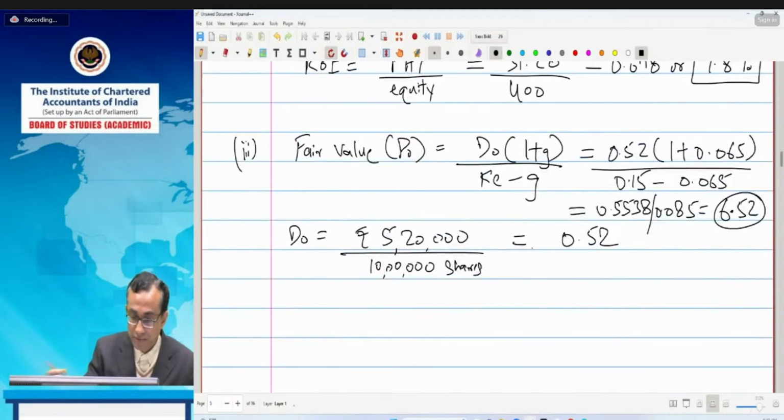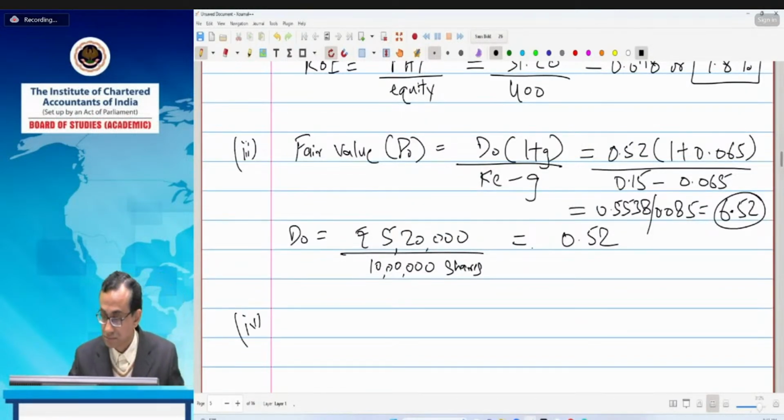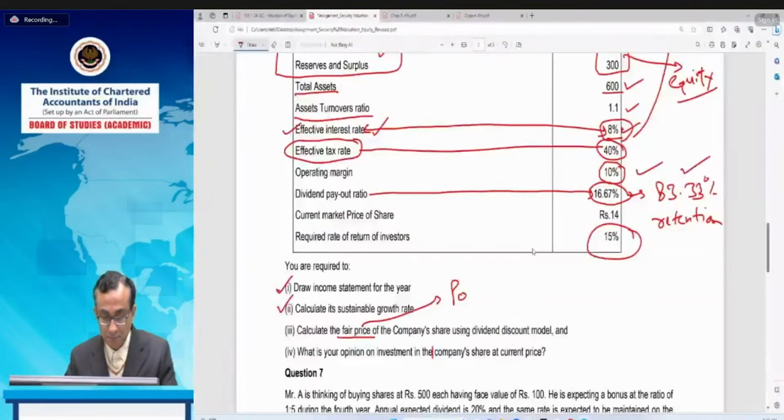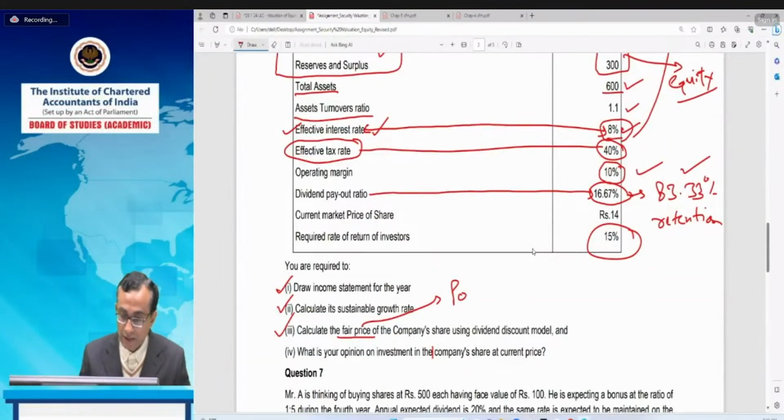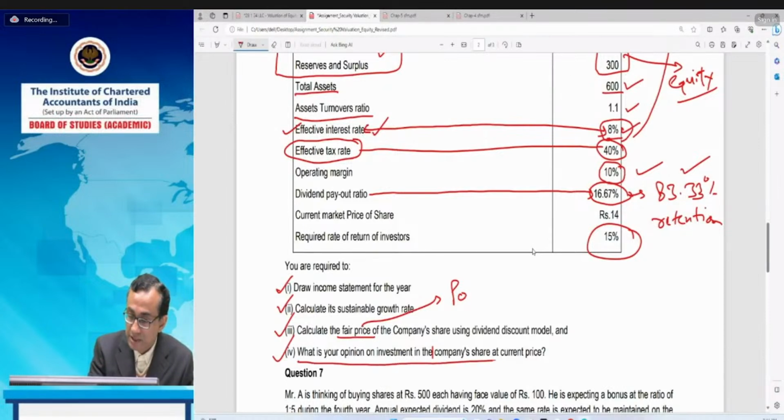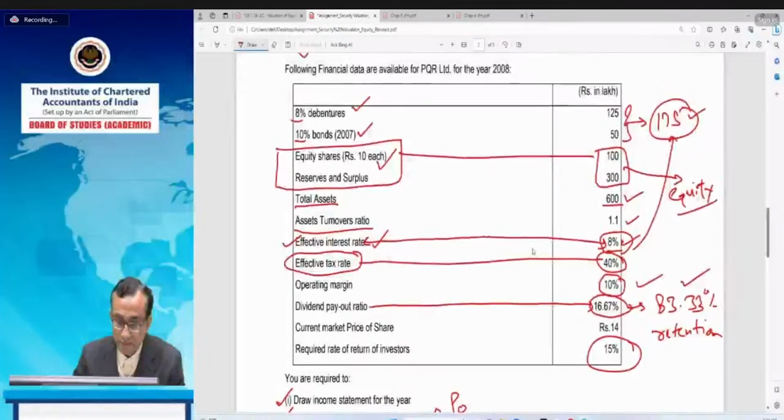Now come to the fourth portion. What is it saying? It is asking what is your opinion on investment in the company share at the current price.